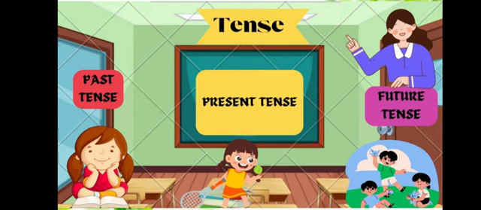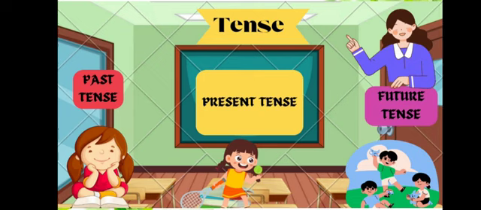What is tense? If I may ask you what tense is, if you are saying yes, you are absolutely right. Tense is a form of verb that allows you to express time. Tense of the verb tells us when an event is supposed to happen, whether an event has already happened or is going to happen in future.